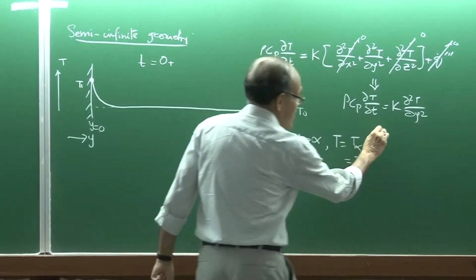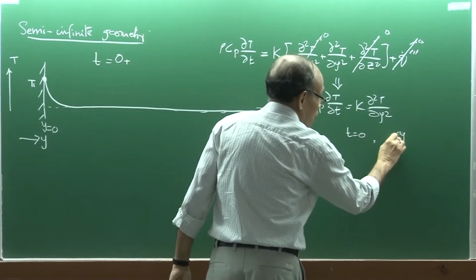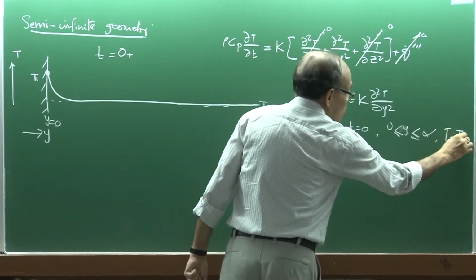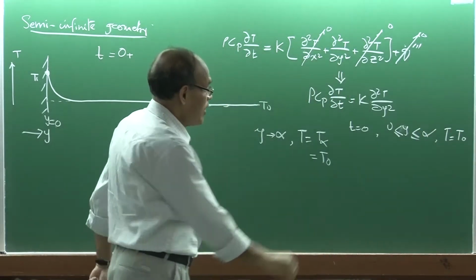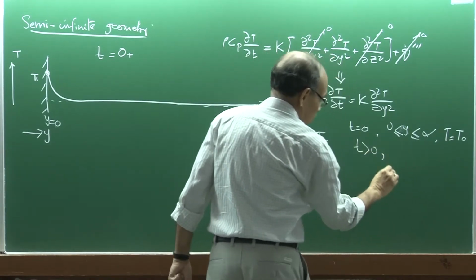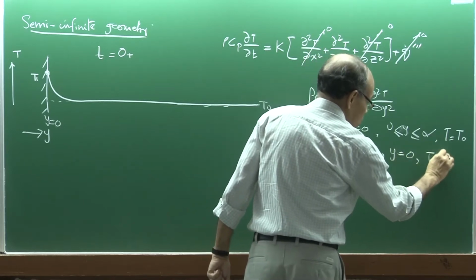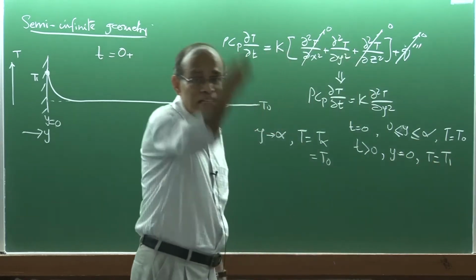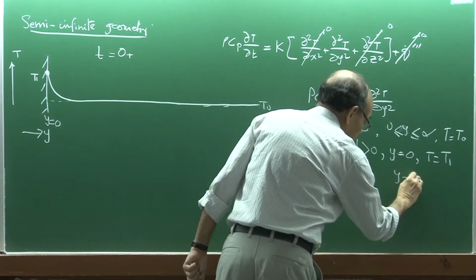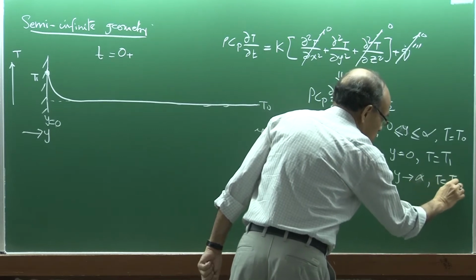For example, at t is equal to 0, for all values of y varying between 0 and infinity, the temperature is going to be equal to T 0 or T infinity, and then for t greater than 0, we have at y is equal to 0, T is equal to T 1, that is, all of a sudden the temperature at the surface is raised, and then at y tending to infinity, T is equal to T 0.